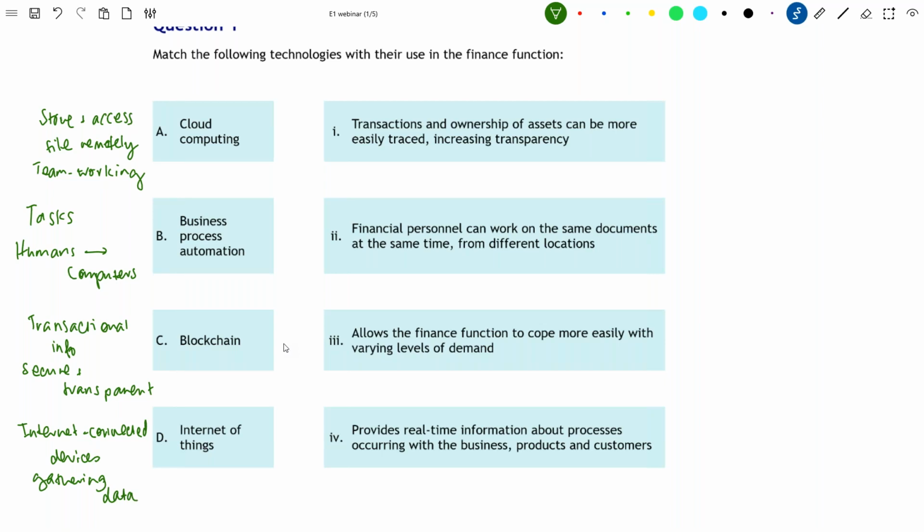So each Internet of Things device can send and receive data to each other, for example, smartphones through an online connection. Okay, so now that we've got our 4 different digital technologies, it's now time to look through the options.